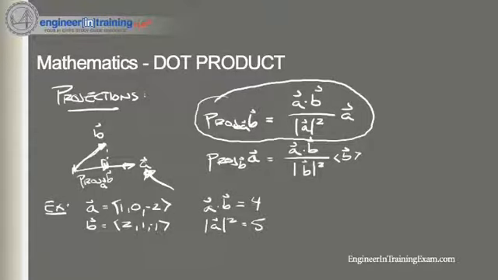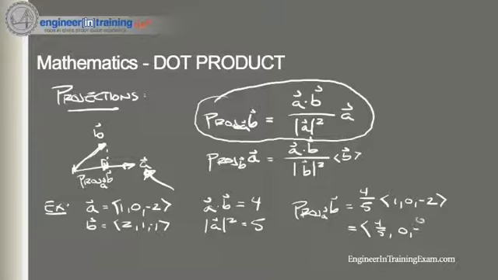So plugging this information into our equation, we find that the projection of B onto A is equal to 4/5 times 1, 0, negative 2. So we find that the new vector is 4/5, 0, negative 8/5. That would be our projection of B onto A.